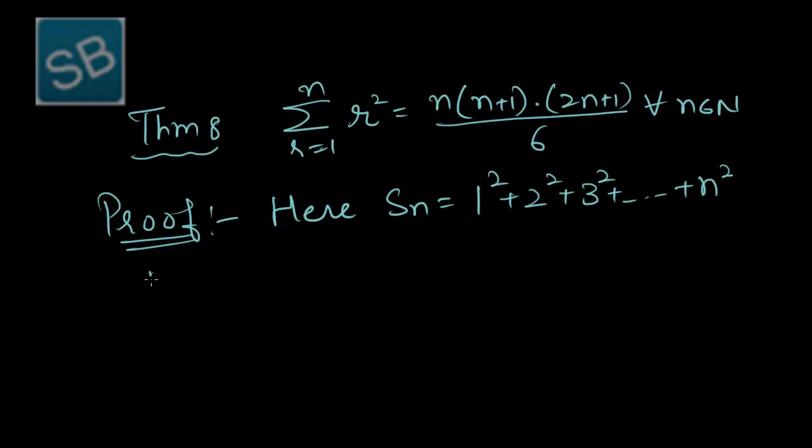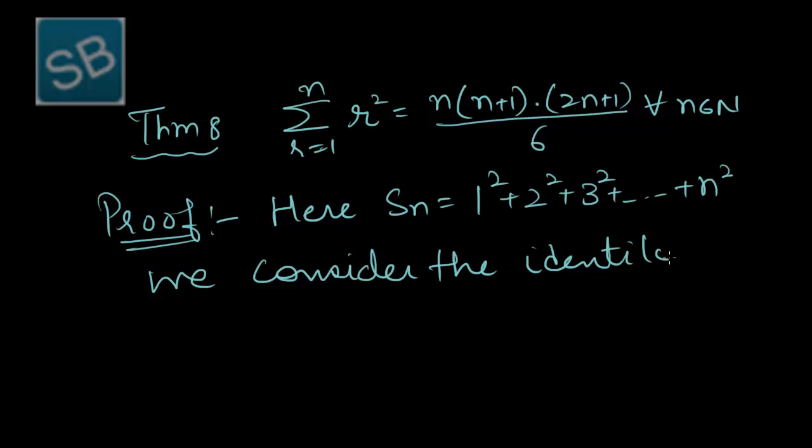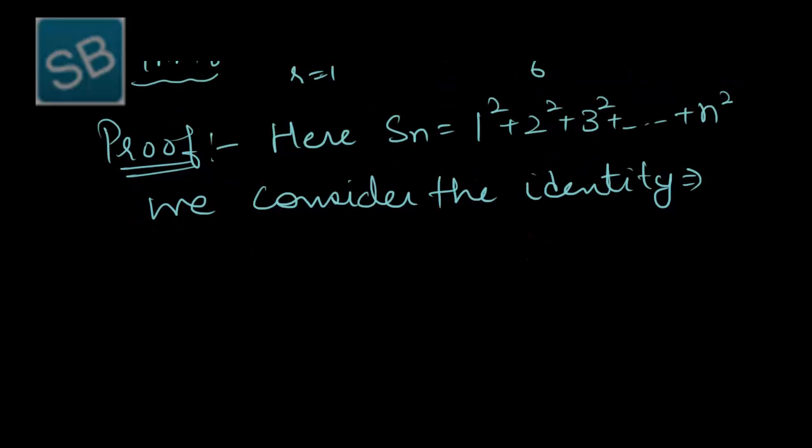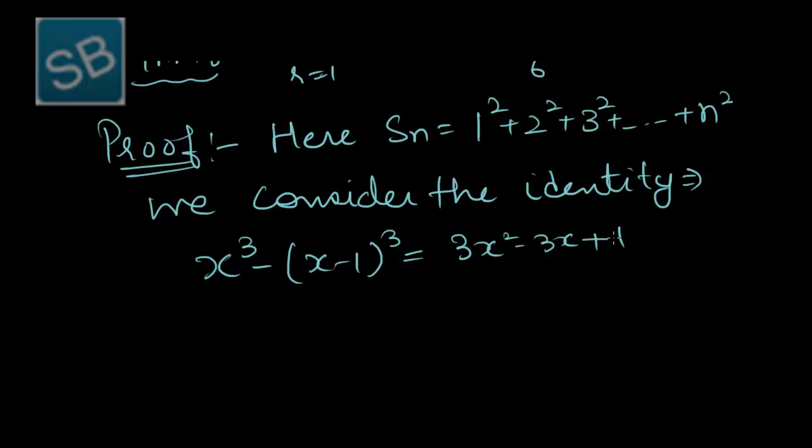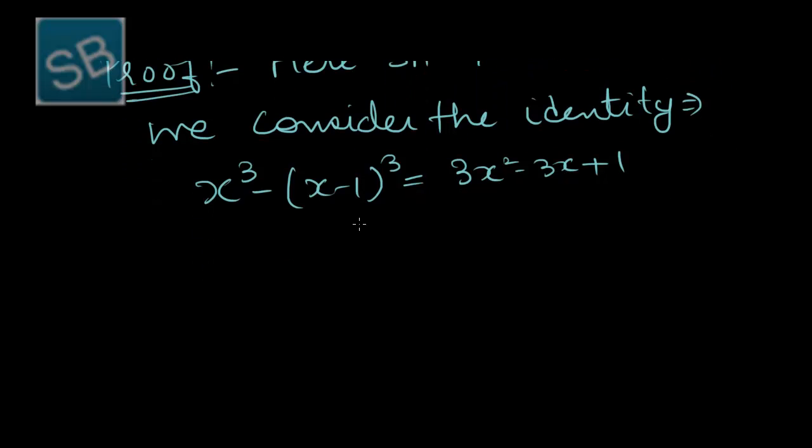For solving this, we consider the identity. That is a hint to solve such type of problem. That is x cube minus x minus 1 whole cube is equal to 3x square minus 3x plus 1. If you get the difference of this, you will get this answer, a cube minus b cube.